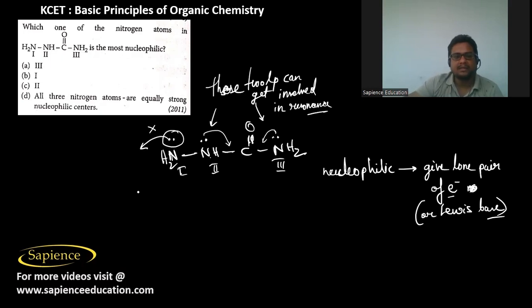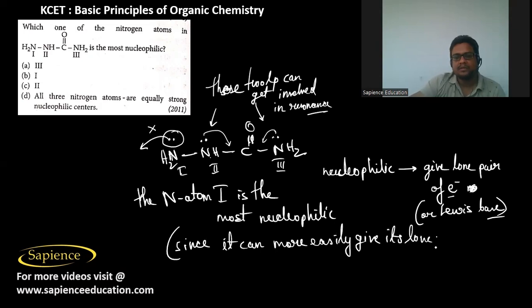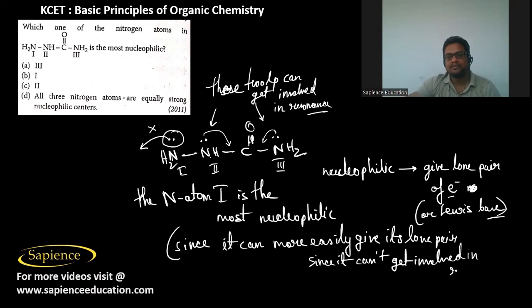So the nitrogen atom 1 is the most nucleophilic, since it can more easily give its lone pair, since the lone pair can't get involved in the resonance with this carbonyl group. So option B is the correct answer.